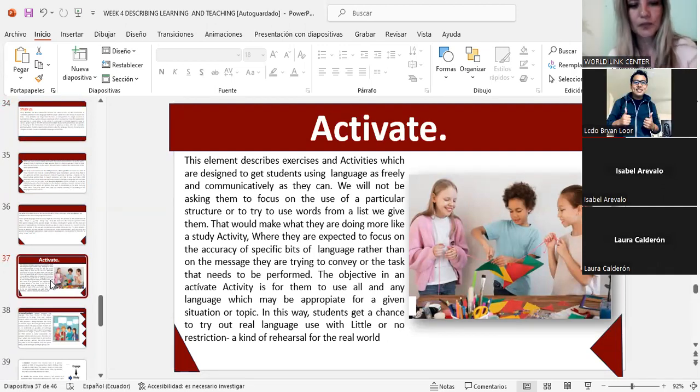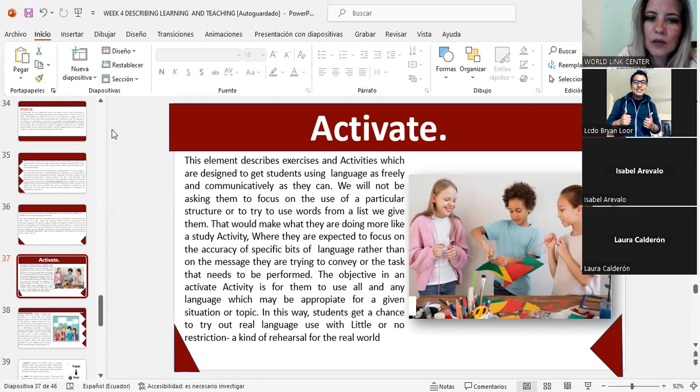Activate. This element describes exercises and activities which are designed to get students using language as freely and communicatively as they can. We will not be asking them to focus on the use of particular structures or try to use the words from a list we give them. That will make what they are doing more like a study activity, where they are expected to focus on accuracy of specific bits of language rather than on the message they are trying to convey or the task that needs to be performed.